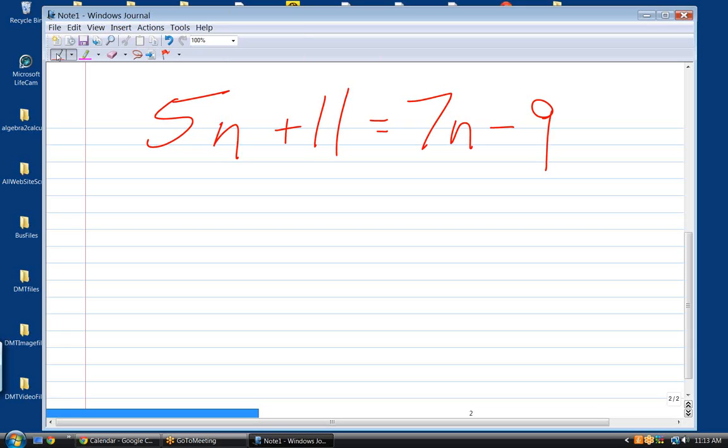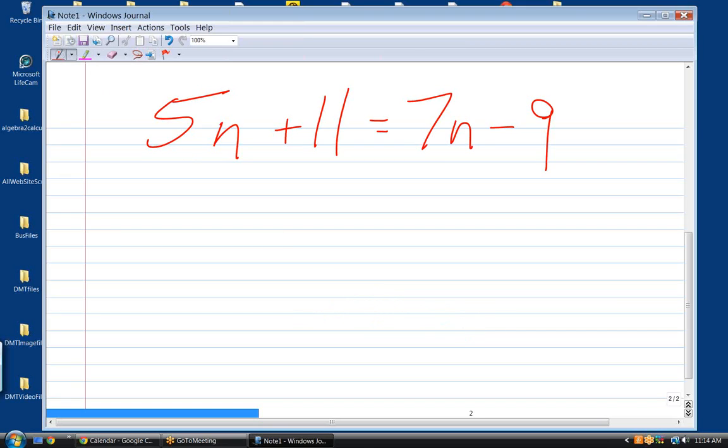No. Remember our final answer has to look like this: n equals some number. Or our final answer can look like this, and it doesn't matter: some number can equal n. In other words, it doesn't matter whether we gather the n's on the right side or the left side.